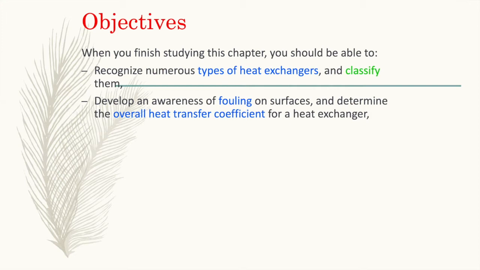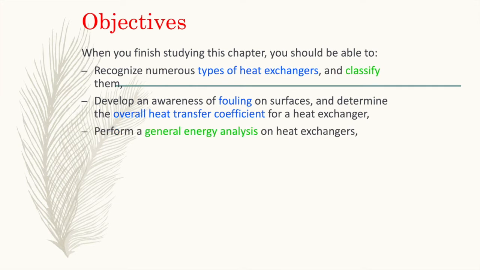So for you to do the thermal analysis in a heat exchanger, you have to understand how to calculate the overall heat transfer coefficient, and if there is fouling in your heat exchanger, then you have to include the fouling factors or fouling resistance in your calculation in order to calculate the rate of heat transfer for that heat exchanger.